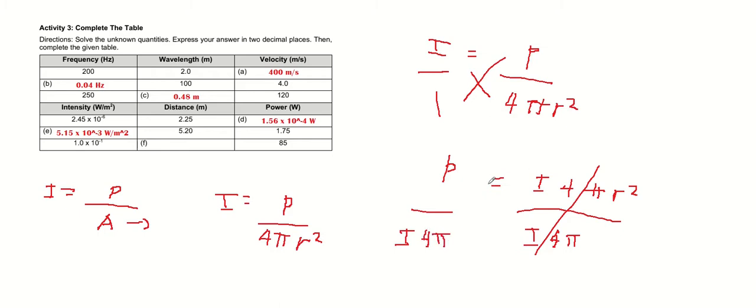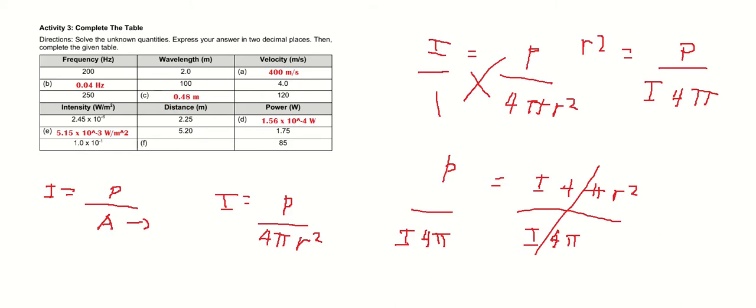Ayan. So, bali, ang formula natin na na-derive is r squared is equal to power divided by intensity times 4 pi. Ayan, ito yung na-derive natin for r squared. So, since r squared yan, kailangan pa nating square root yan.